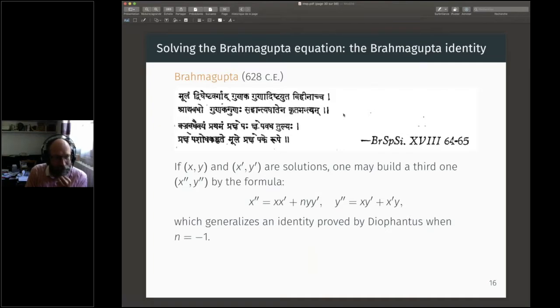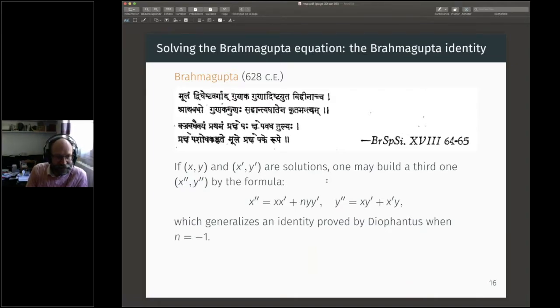So what Brahmagupta says, he doesn't say it using algebra, but with more complicated phrases. He said that if (x, y) and (x', y') are solutions, then you can build a third one, (x'', y''), by these formulas. So x'' is the product of the two x's plus n times the product of the two y's, and y'' is where you cross: x times y' plus x' times y.